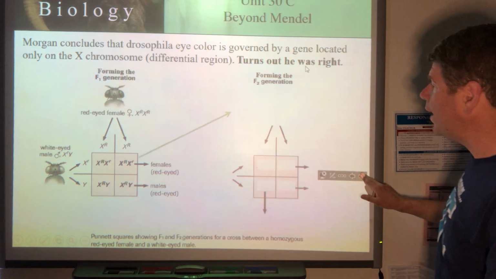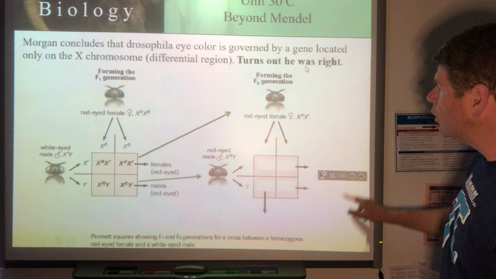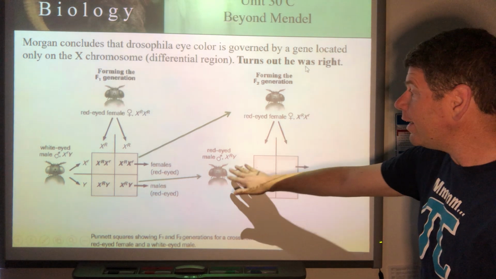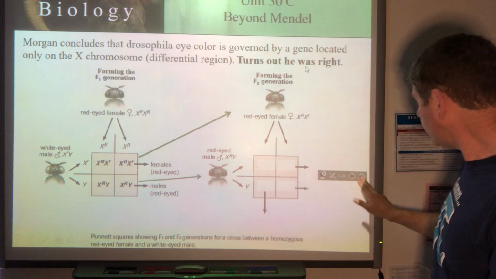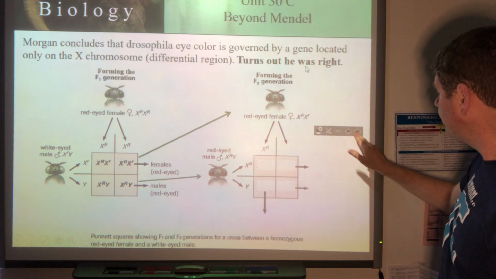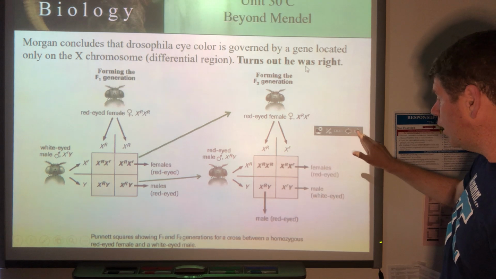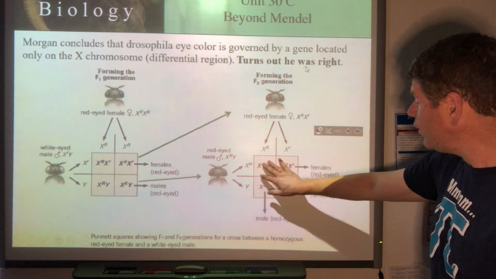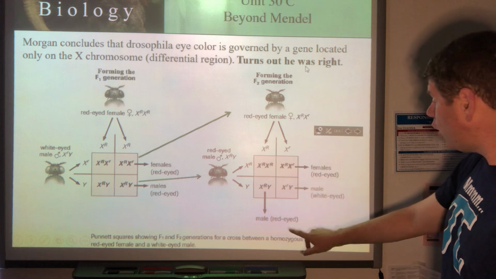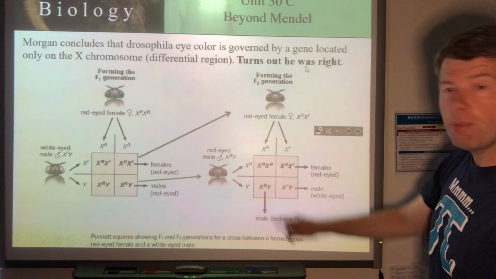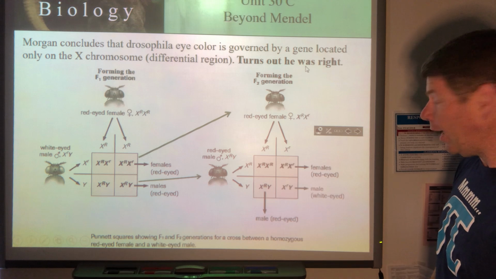Then if we take that F1 generation, a heterozygous female and a red-eyed male, and fill in that Punnett square, we see all the females have red eyes. There's 1/4 white, but they're all male. And then half of the males have red eyes.